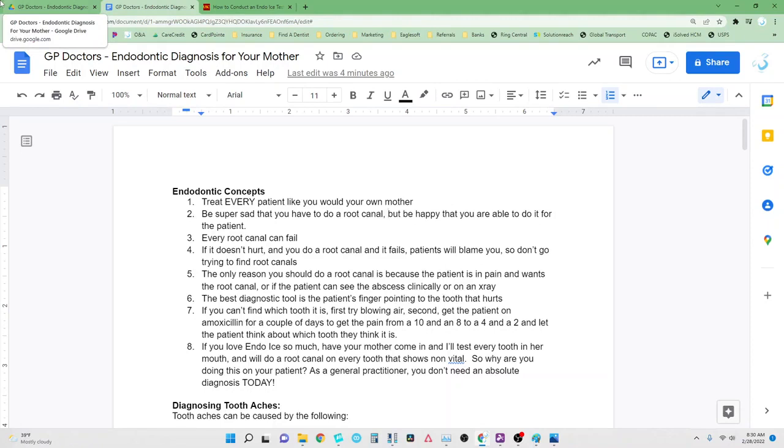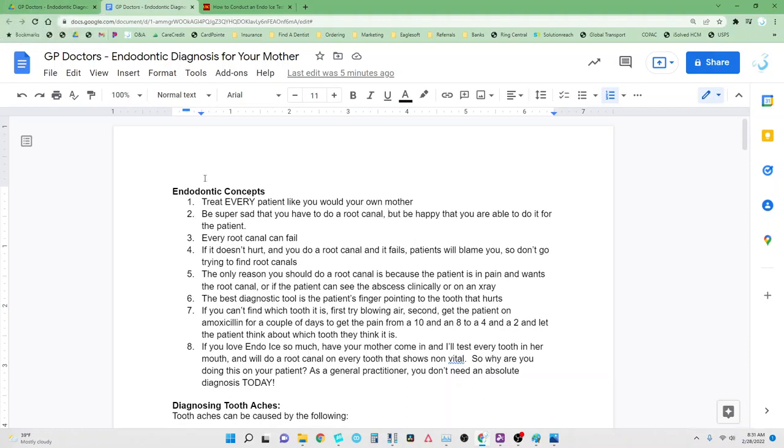They can either get a root canal done or started by us, general practitioners, or they can go home in their garage and have their friend Billy Bob grab some rusty, greasy tire pliers out of their toolbox and try to take the tooth out. So you need to be comfortable and confident in doing root canals.